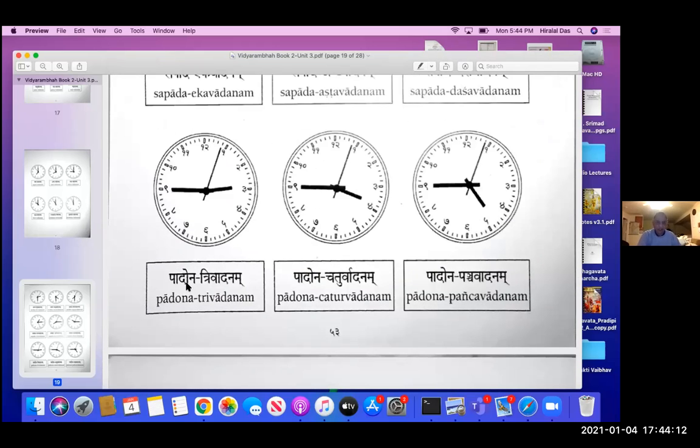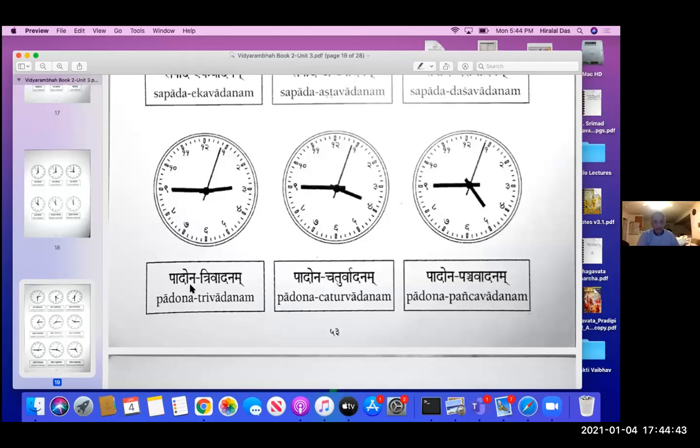Padon condition is here. Padon Trivadanam. So we don't say 2, we say in English 2:45, but we don't use 2 here. Why? Because Padon indicates not 45, but 15 minutes less than the next hour. So when it's 2:45 in English, we have to use Trivadanam.